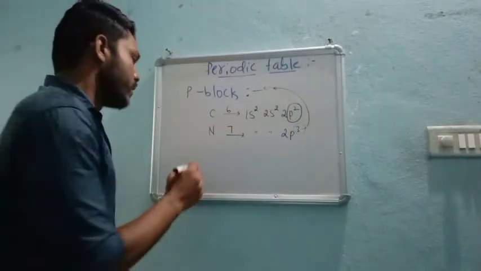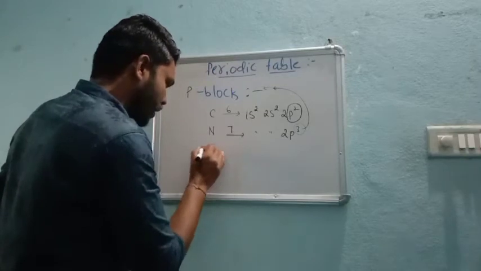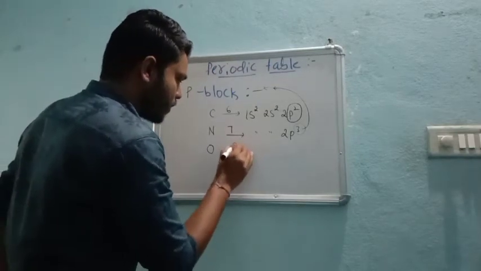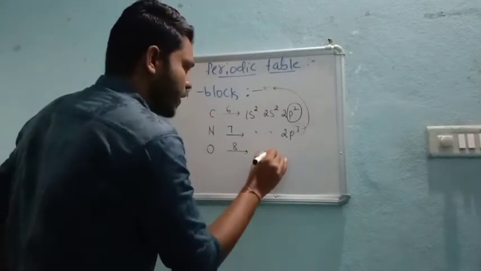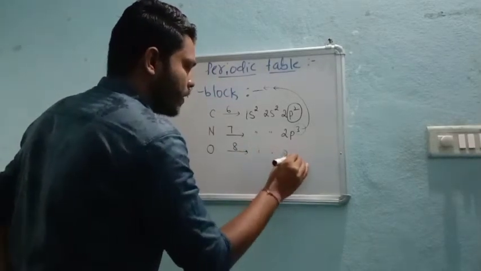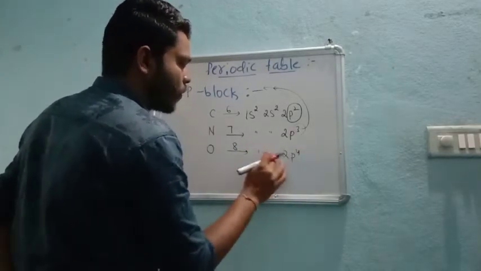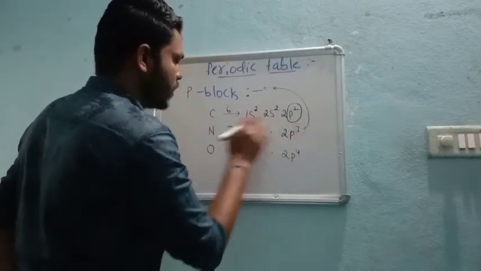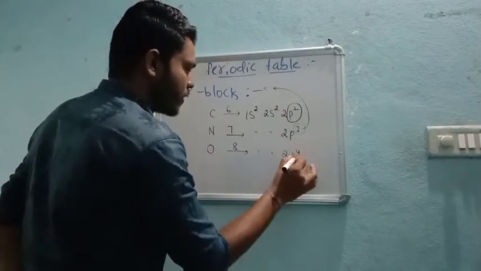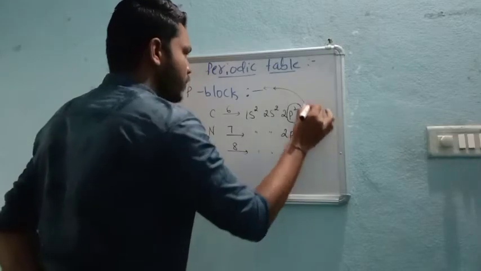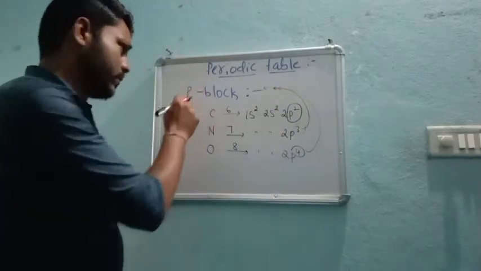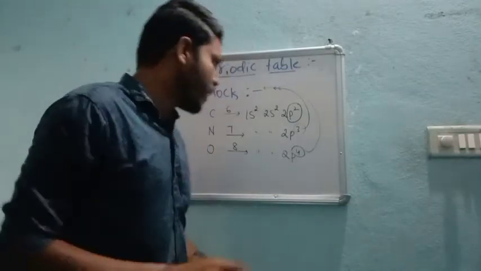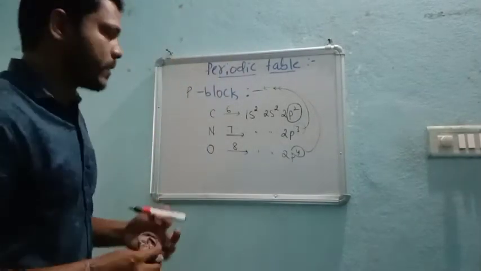Take one more example, oxygen, 8. 4 plus 4 is 8, 4 plus 3 is 7. Again the differentiating electron is entering into the p subshell. So this type of elements are called p block elements.